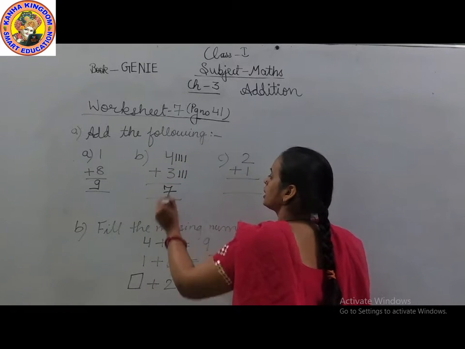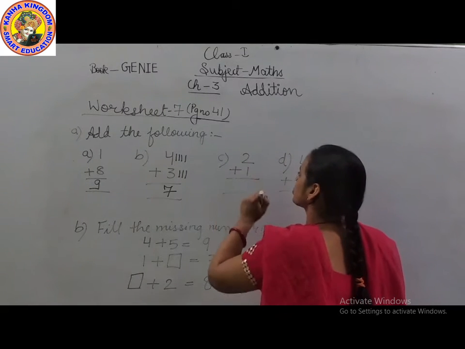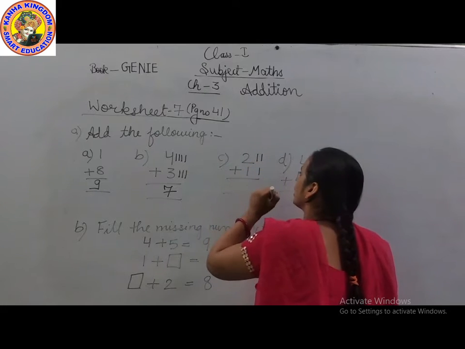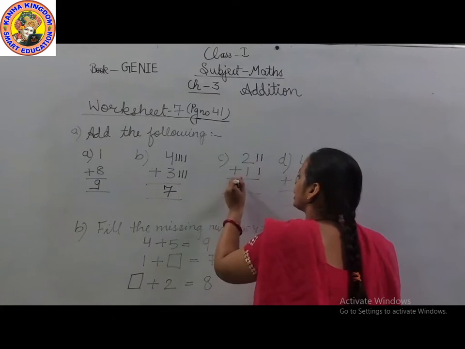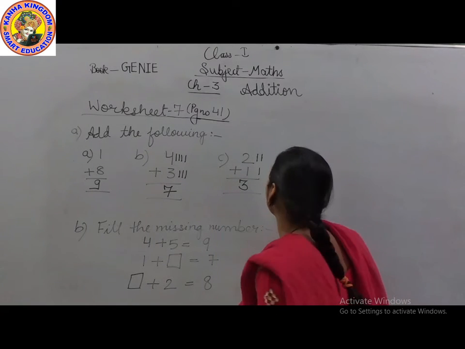So 4 plus 3 is 7. Next, 2 plus 1. So 1, 2, 1. So 1, 2, 3. So 2 plus 1 equals to 3.